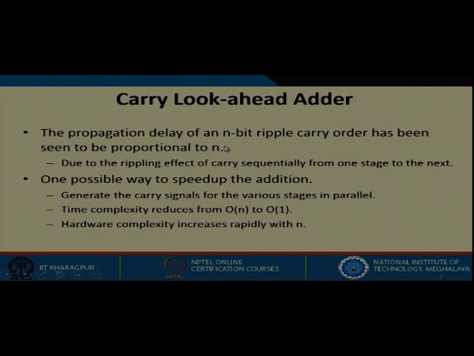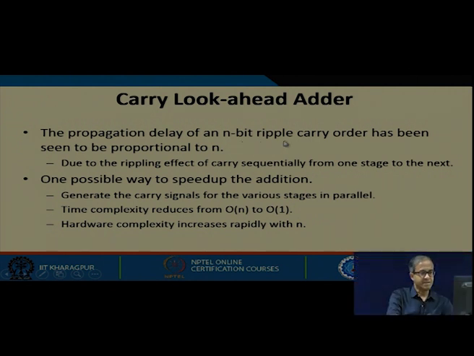So, this is what I just now mentioned, that in the ripple carry adder that we have seen so far, the total propagation delay in the worst case has been seen to be proportional to n, and the primary reason was the rippling effect. Look at the full adder in any particular stage.